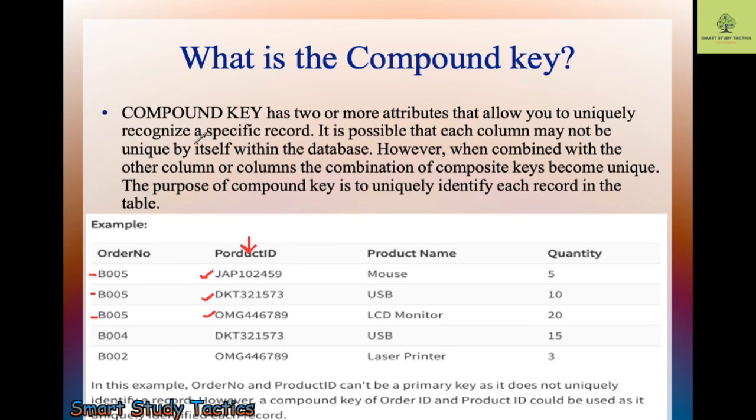This is the main thing: one or more attributes that allow you to recognize a specific record. B005 is the same for all three, but here you are selling the mouse, here the USB, and here the product name is LCD monitor. So I think these things are clear to you.